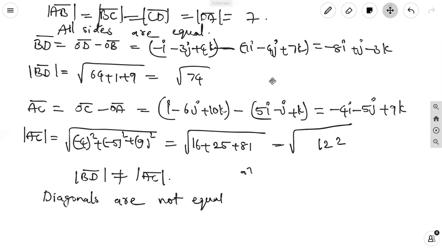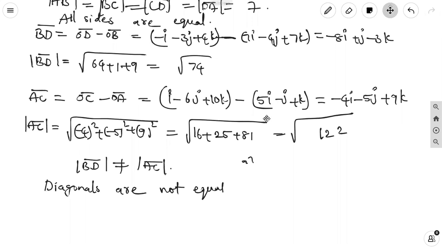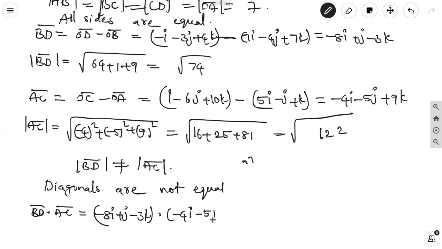Next, the third one is we can prove that the diagonals bisect, that is, perpendicular. That is nothing but the dot product. BD vector dot AC vector, is it equal to 0? Then the diagonals are perpendicular to each other. Minus 8i plus j minus 3k dot minus 4i minus 5j plus 9k.